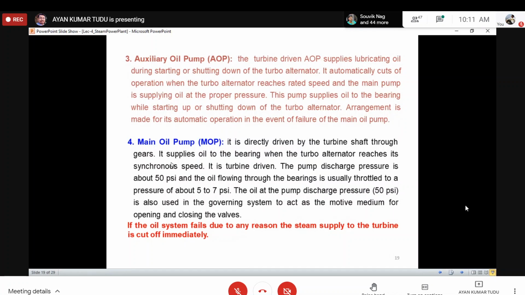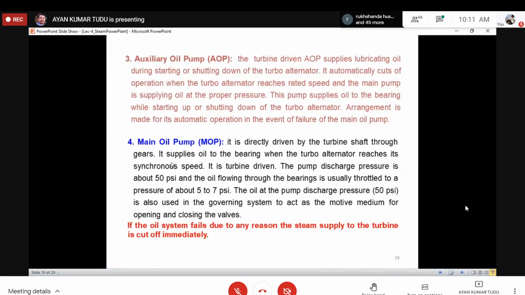So the shaft is automatically turned at very low speeds, around 1 to 2 rpm, by this barring gear until it has cooled sufficiently to permit a complete stop. I think you have understood.